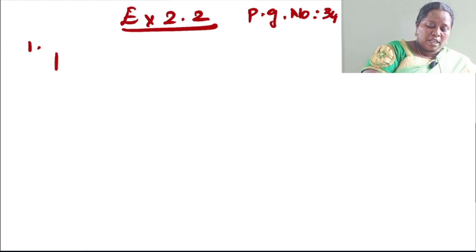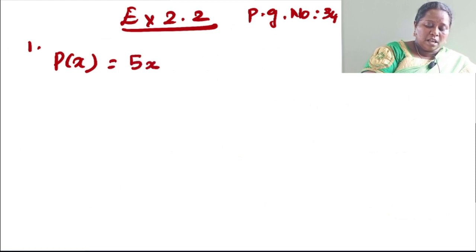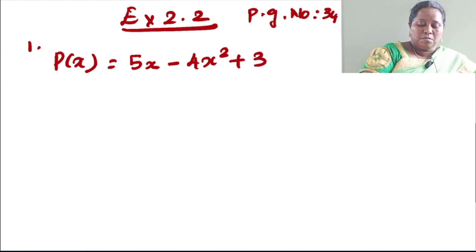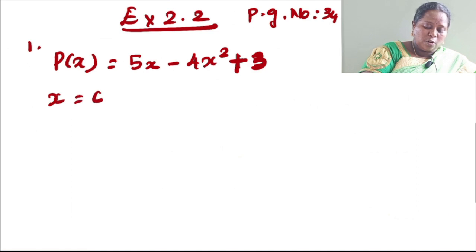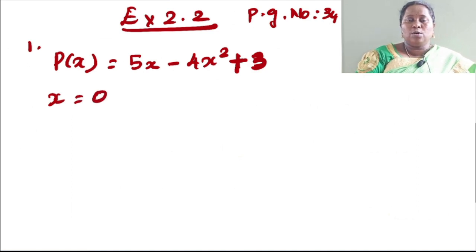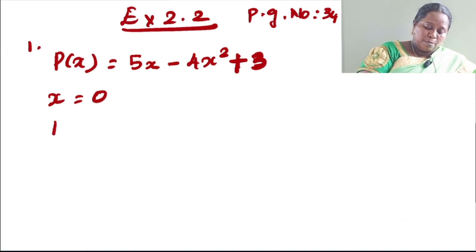What is the polynomial here? P of x is equal to 5x minus 4x squared plus 3. Then we are going to find at x is equal to 0. If x is equal to 0, then what is the value of the polynomial?